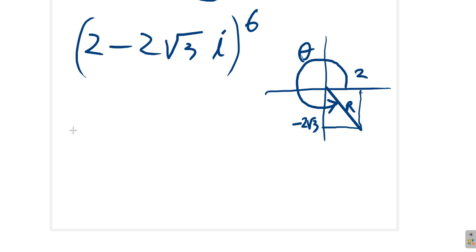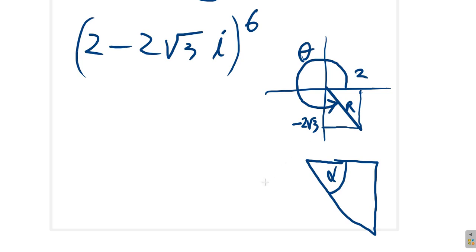So here, imagine that we have a right angle triangle. We find this angle, call it alpha, and then we take it away from 360 to find the remaining angle.